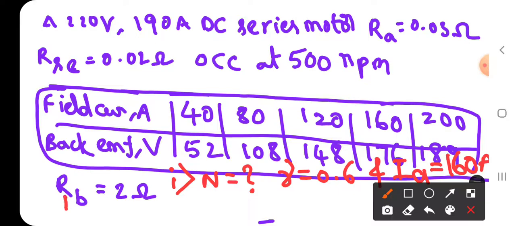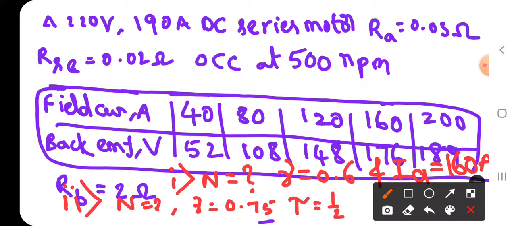Next, second one. What will be the motor speed for a duty ratio of 0.75 and motor torque equal to half of rated torque?